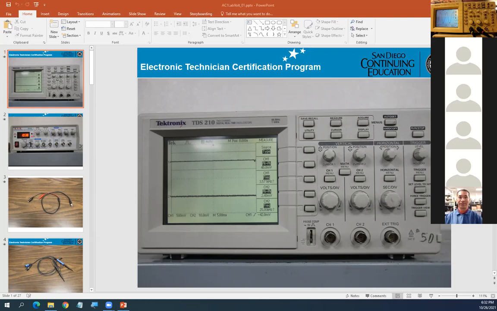Okay. Now, normally an oscilloscope only measures a single point, right? Correct. You measure at point A, then you connect the scope probe to point A, but the scope probe ground must be connected to ground. You see that? Right.